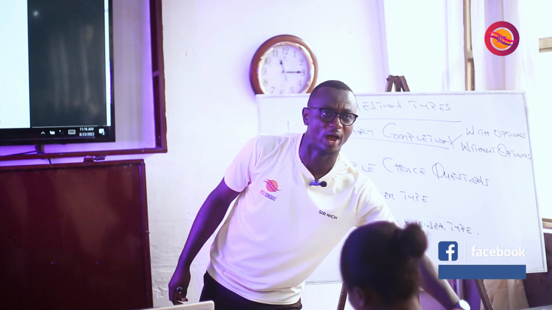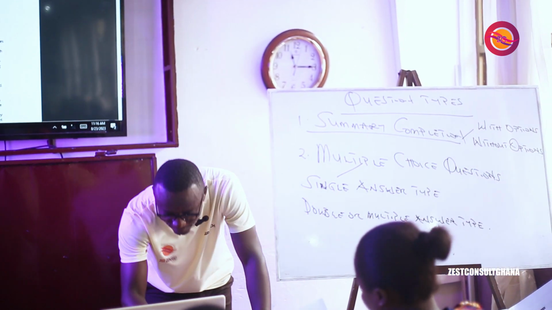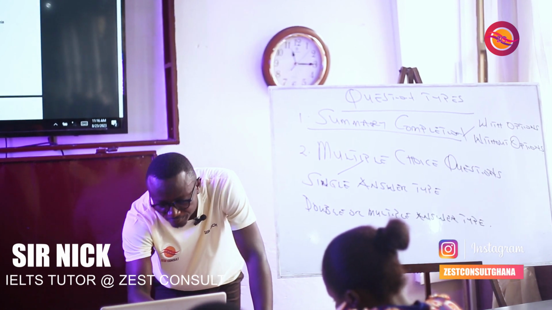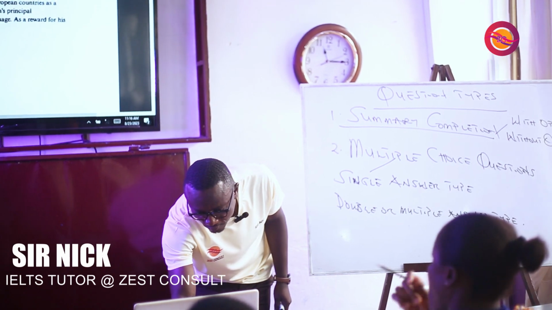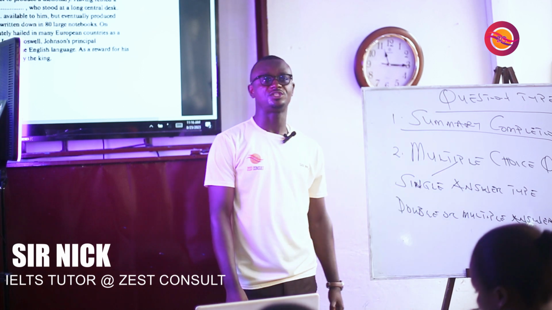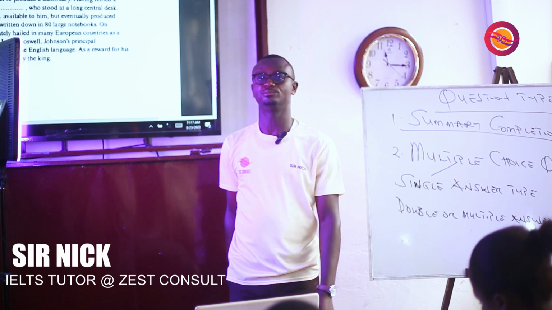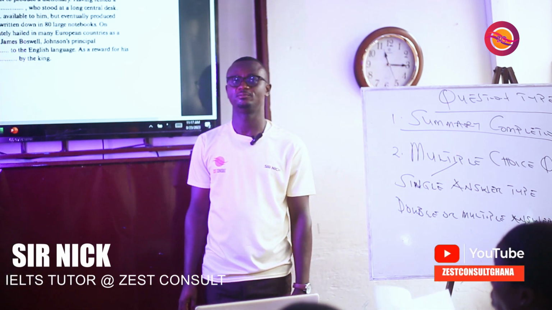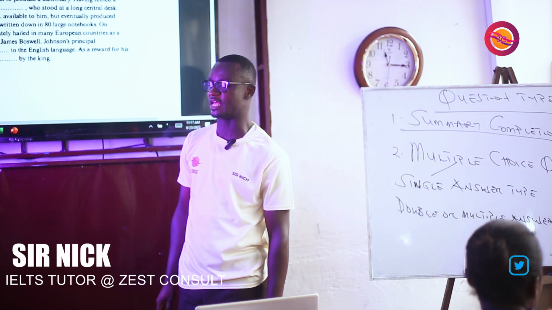Now let me start with the summary completion. Pick the first one, the Johnson's Dictionary. Now turn to what you have on the board, Question 47.